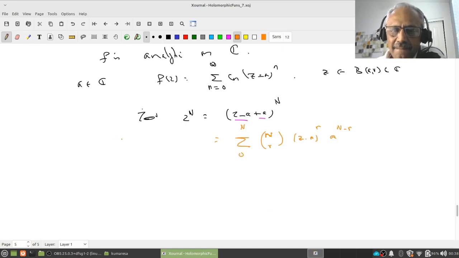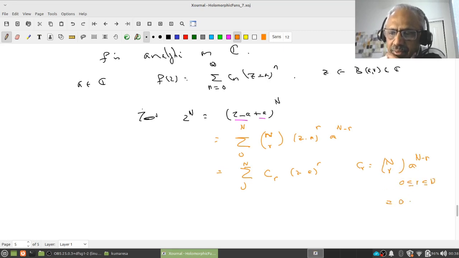Do you follow that? So I have written it as the summation from 0 to infinity of c_r (z minus a) to the power r, where c_r is n choose r times a to the power n minus r for 0 less than or equal to r less than or equal to n, and equal to 0 if r is greater than n. Therefore I can actually write it as an infinite series.